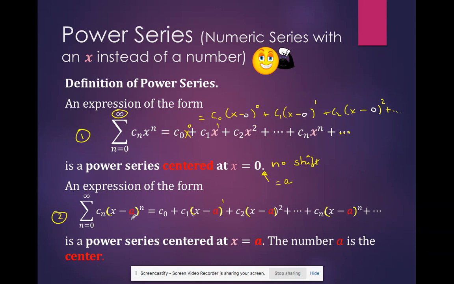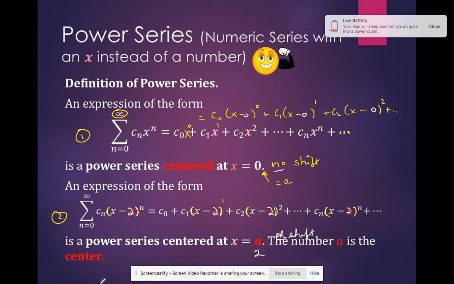What if I told you a was 2? Then you would just replace all of these a's with a 2. And what that just means is you have a shift. No shift, a shift. Still not quite clear what the concept of that shift means, but hopefully I will illustrate that for you in the next slide.